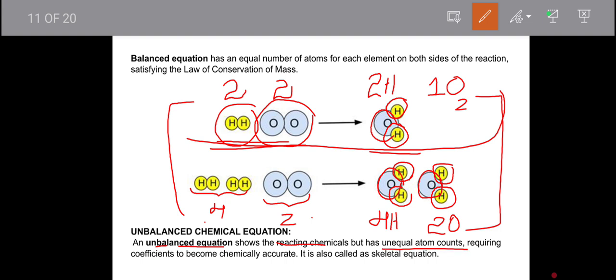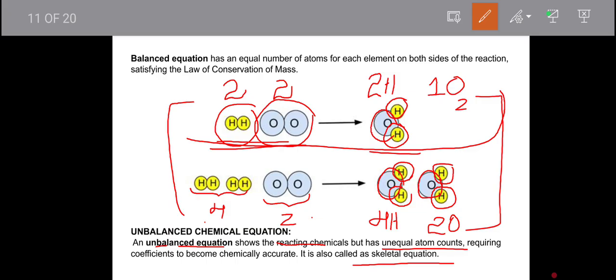Okay, so this unbalanced equation is also called what? Skeletal equation, which is very important. In many question papers, they have asked a question like this: What is a skeletal equation? Unbalanced chemical equations are called skeletal equations.